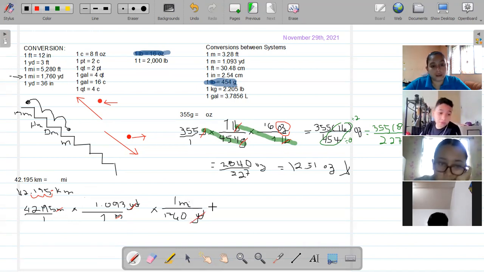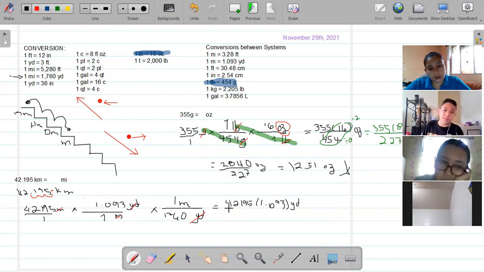Now I need to go ahead and multiply. I'm going to have 42,195 times 1.093 times 1 mile. So I'm going to say 42,195 times 1.093 yards over 1 times 1,760.